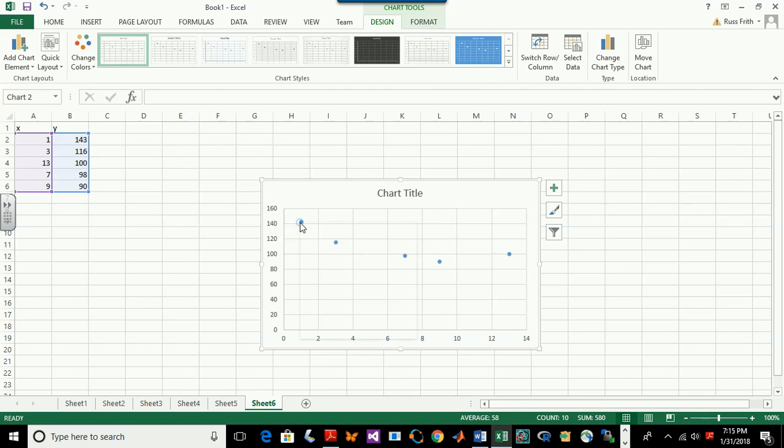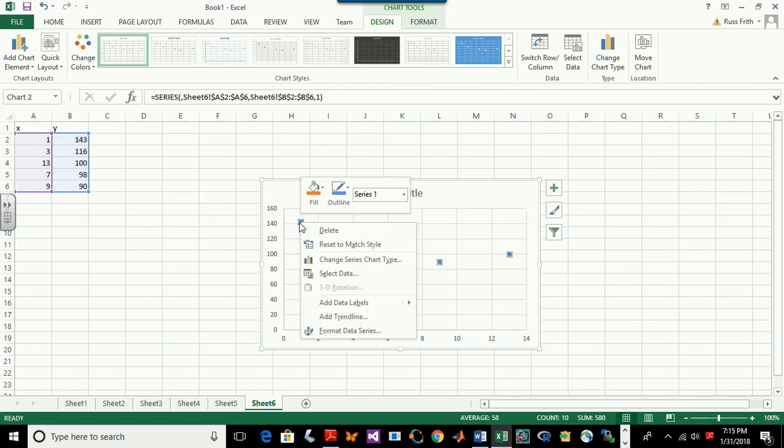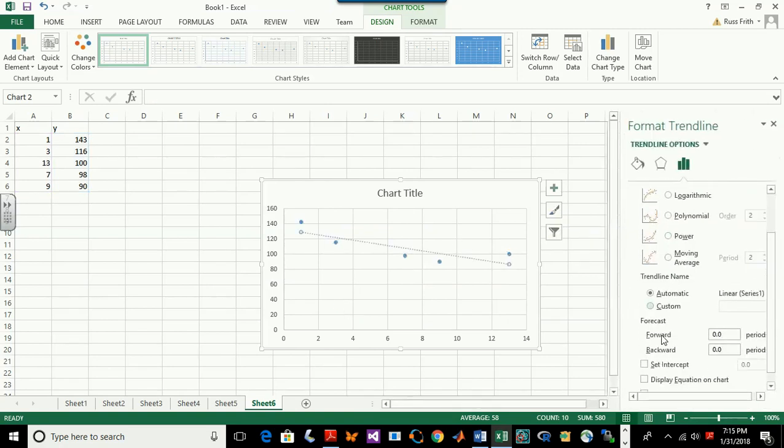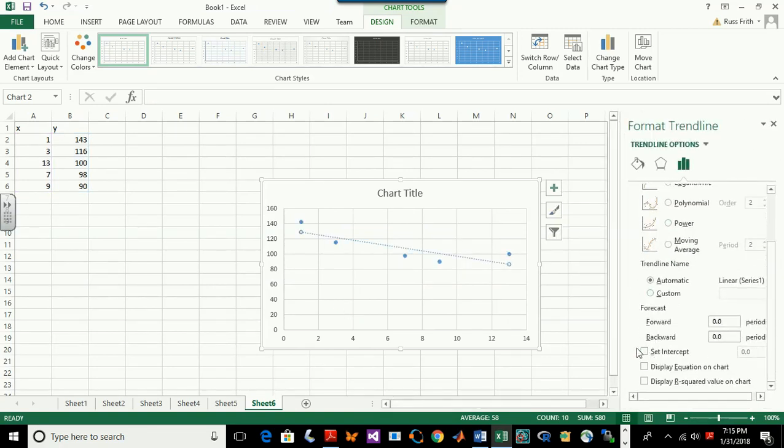And then just right click on a point and add a trend line. Okay, and then with the trend line we can display the equation on the chart, and so there it is. So that looks like it's choice B as in boy. Okay, which is given.